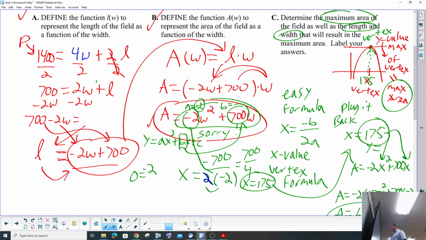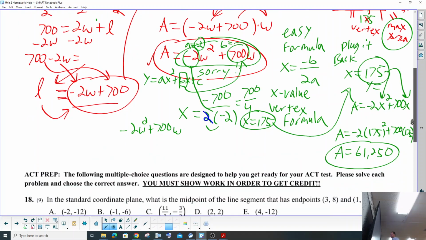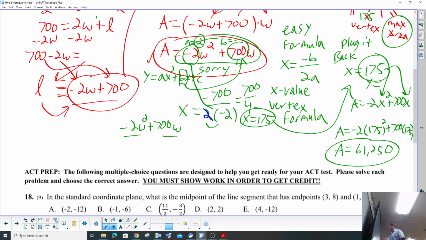You take your formula, negative 2w squared plus 700w, set equal to 0. So we pull out a negative 2w. When we pull out that GCF, what are we left with? We're left with w, because those cancel, minus, is that 350? Yeah, so that's 350. Good.